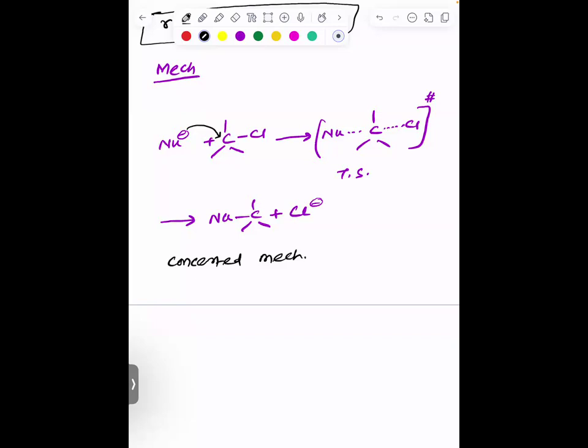The nucleophile attacks the carbon center from the opposite side of the leaving group.